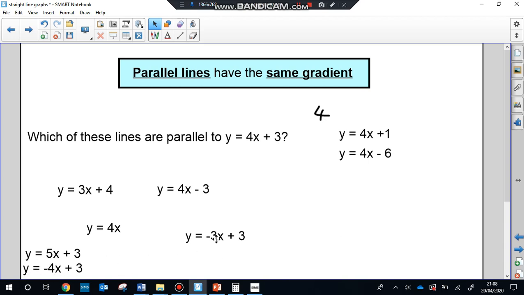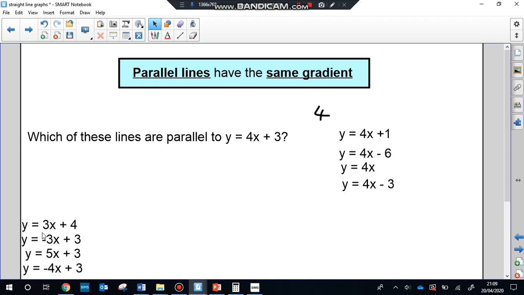This here has a gradient of -3, that's not 4. This has a gradient of 4, so that is parallel. This has a gradient of 4, so that's parallel. But this has a gradient of 3, so this isn't. So these 4 lines here would be parallel to this line here.